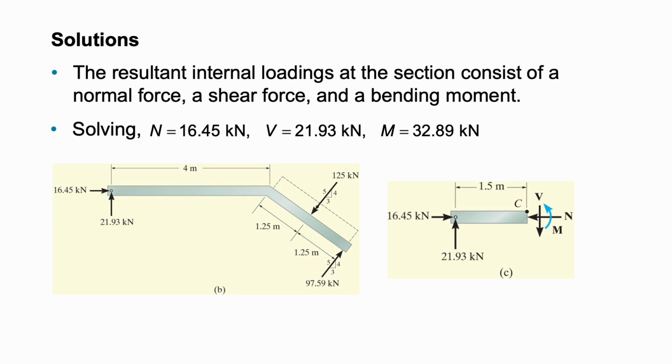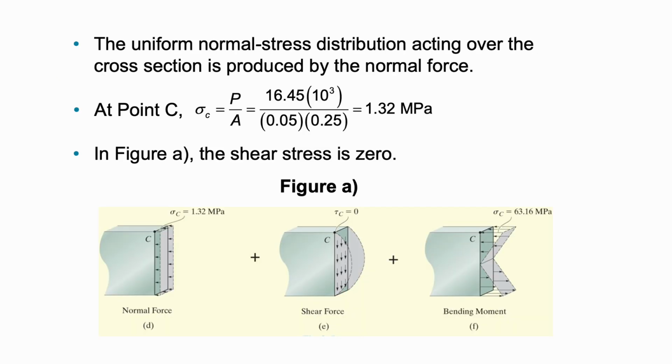Then we have a shear force of 21.93, and our moment will be 21.93 times 1.5, which will give us a moment of 32.89 kilonewton meter. So we have a moment of 32.89 kilonewton meter at point C. So these are our internal forces.